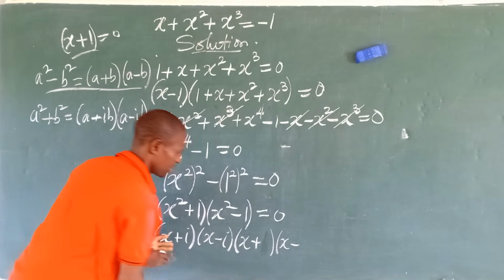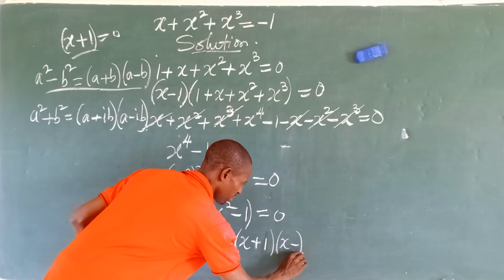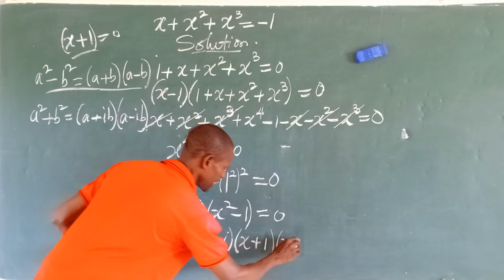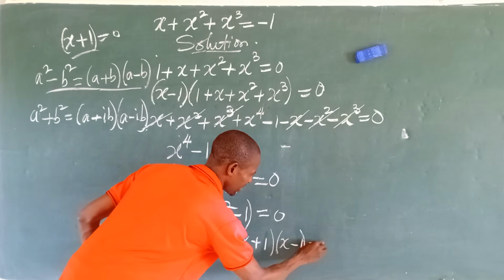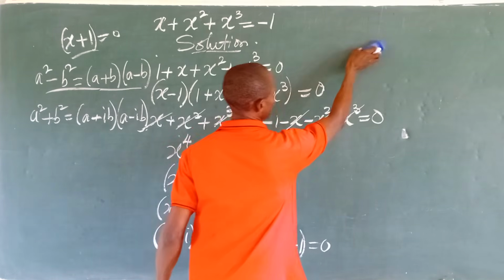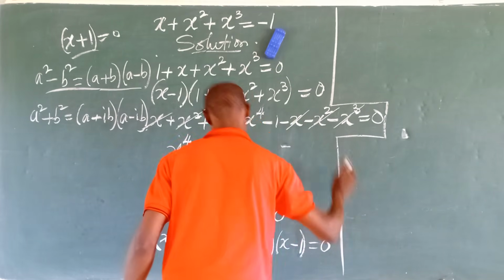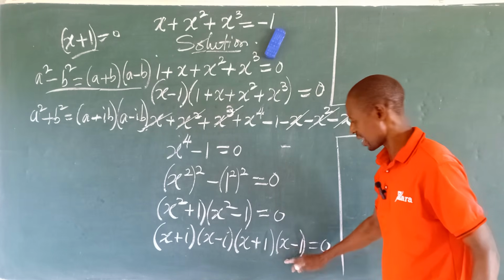I misspoke, sorry. This is plus 1. Then here we have minus 1, everything equal to 0. So let's roll up this. From here we have this times this times this times this.